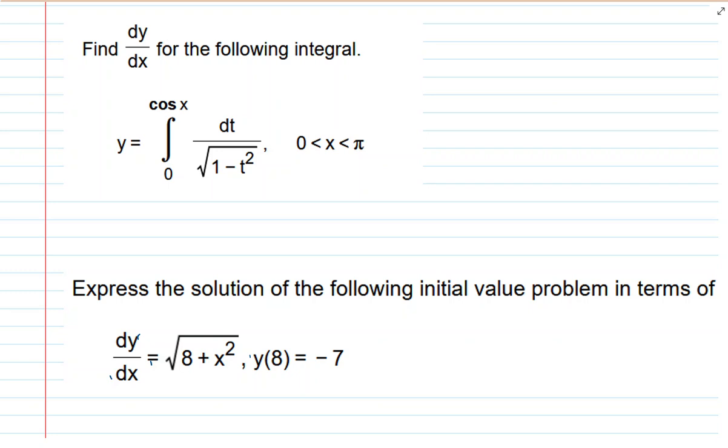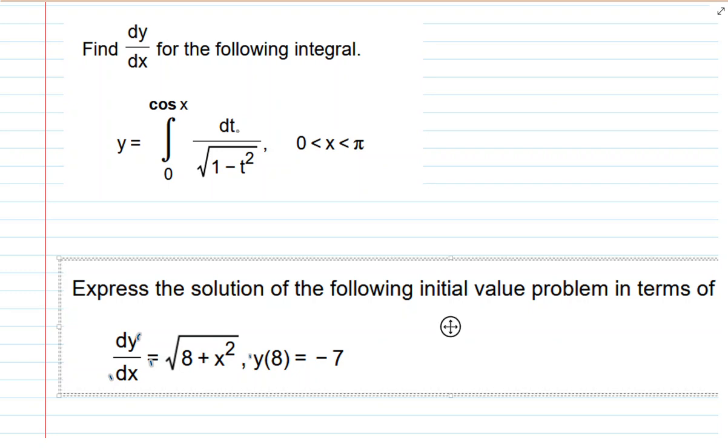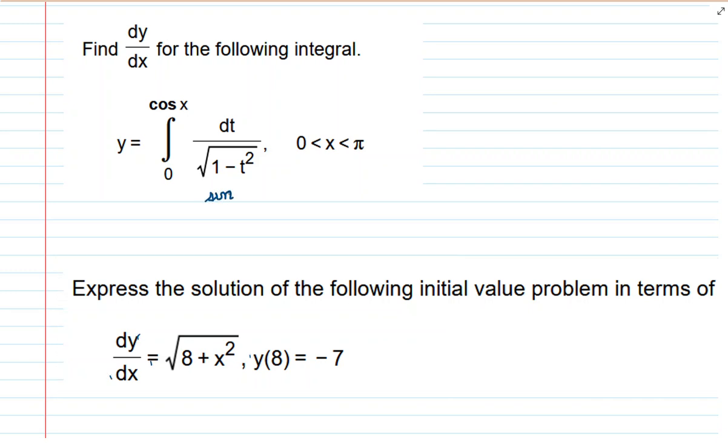So we look on our sheet that everybody should have on common integrals, and an integral that the integral of this guy is going to be sine inverse of x, or t, I should say.